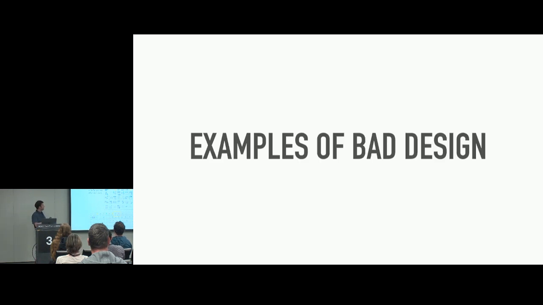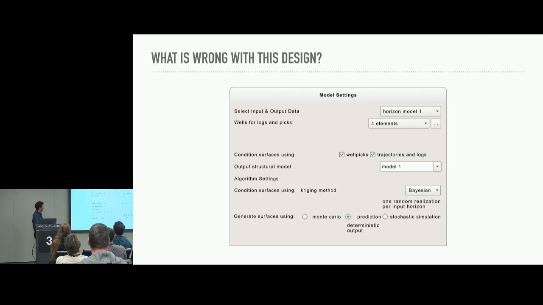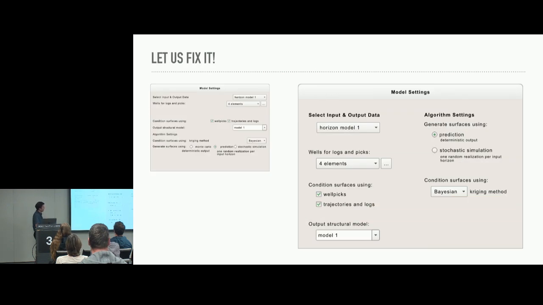So I was going to go through some examples of bad design. I'm not going to get much time for that, so I'm just going to go through it quickly. It's bad usage of spacing here. This is trying to clean that up, separating 2 groups, spacing between the subgroups here, indentation.